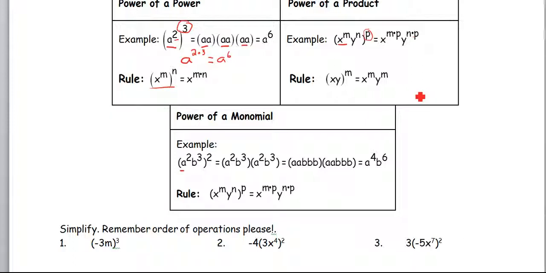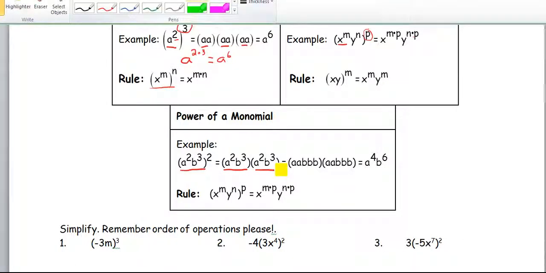So let's look at this example. Here we have a squared b to the third. This whole thing is in parentheses, raised to the power of 2, or squared, which means we need to multiply this times itself twice. So here's the first time, here's the second time, and if we expand it, this is a squared.